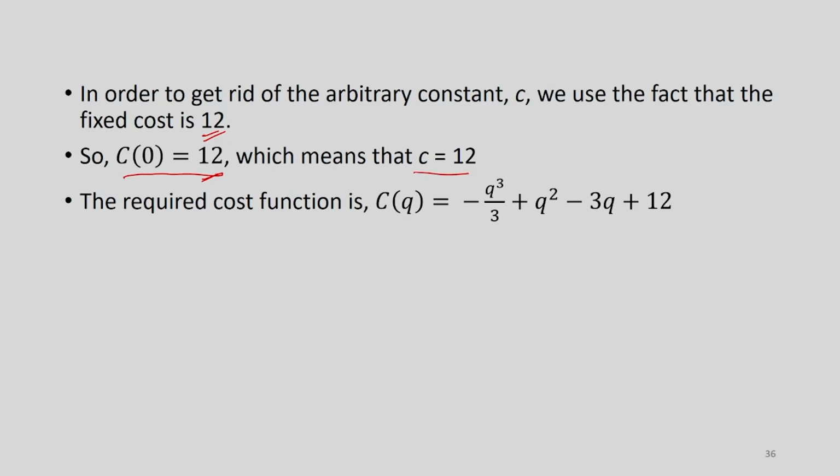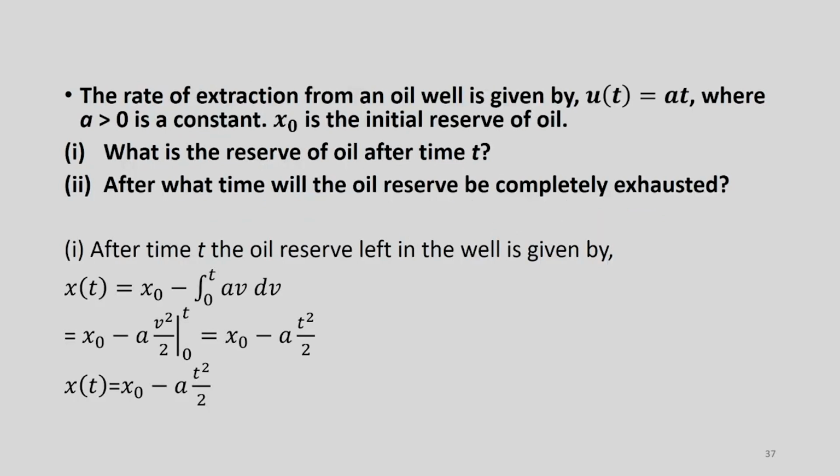Therefore, small c has been found out and therefore, the cost function is C of q is equal to minus q cube divided by 3 plus q square minus 3q plus 12. Okay. So, this is another application of integration.